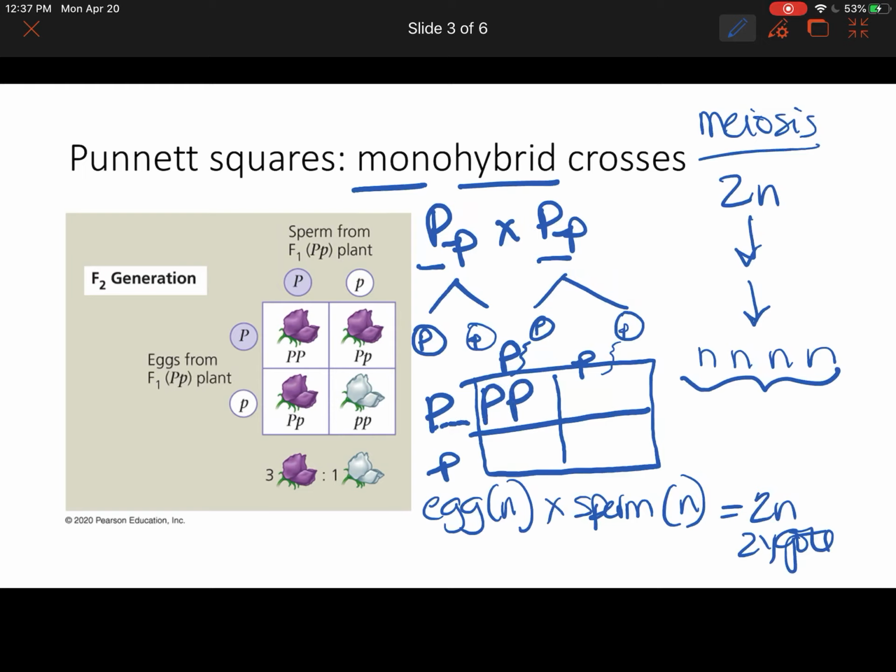So we could get an offspring from that egg and that sperm. The offspring would be homozygous dominant. Or we could get an offspring from this combination. That offspring would be heterozygous.